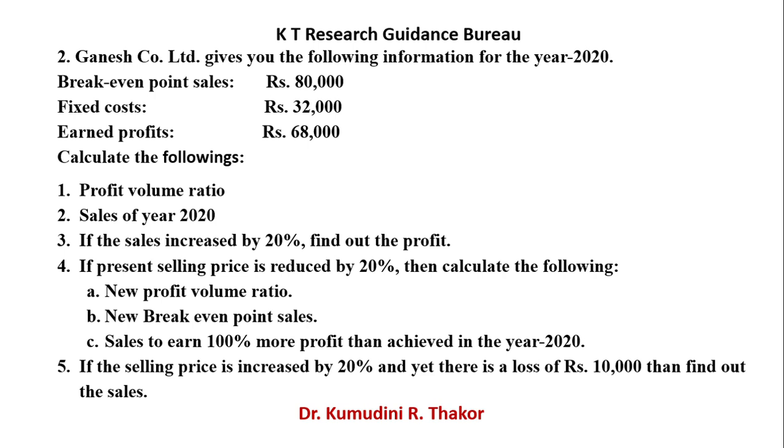In fourth one, if present selling price is reduced by 20%, then you have to find out three items: new profit volume ratio, break-even point sales, and sales to earn 100% more profit than achieved in last year.